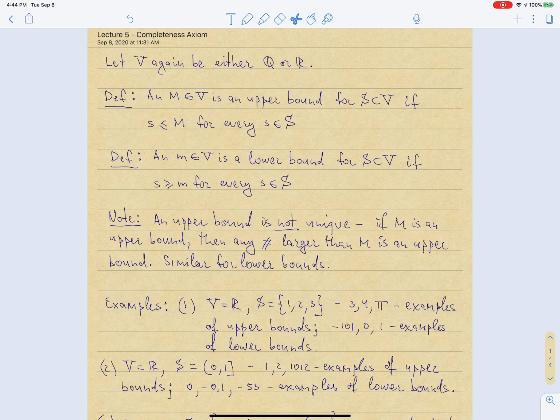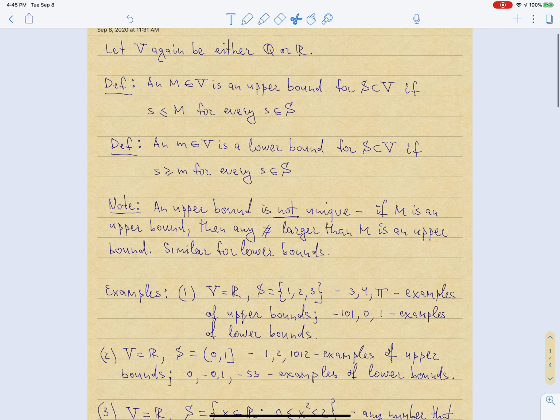So once there is one upper bound, then there are infinitely many more, right? Any number above my upper bound is still an upper bound. And likewise, if let's say 0.3 is a lower bound on my set, then any number below 0.3 is also a lower bound. If all numbers in my set are going to be bigger than 0.3, then they're certainly all positive, so they're all greater than 0, they're all greater than -1, and so on.